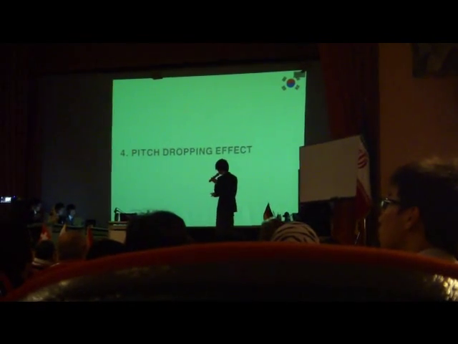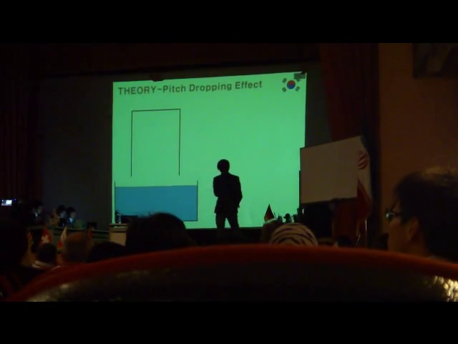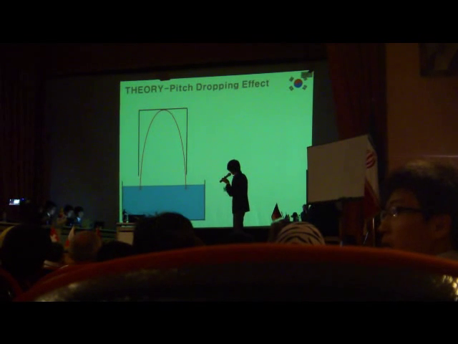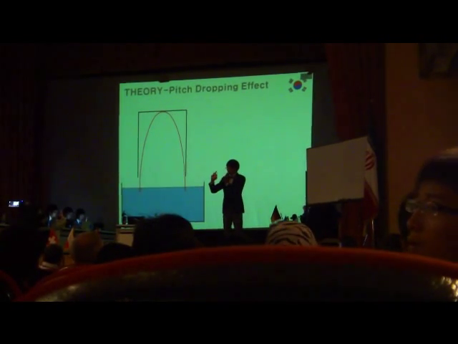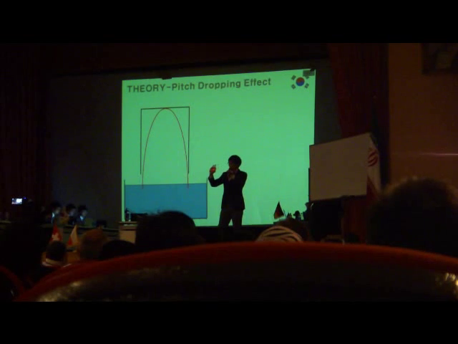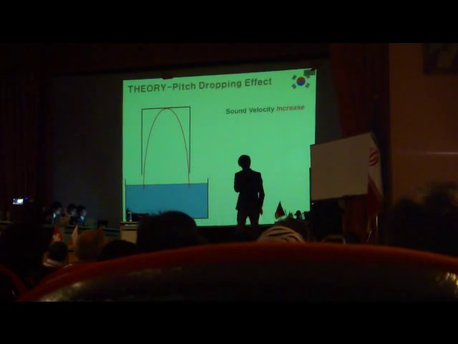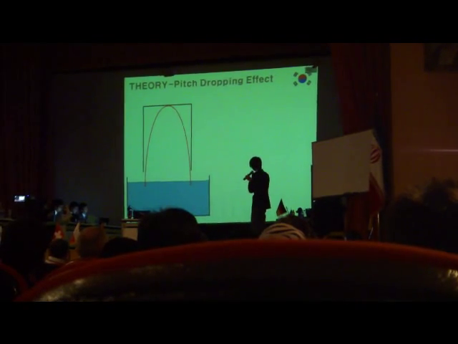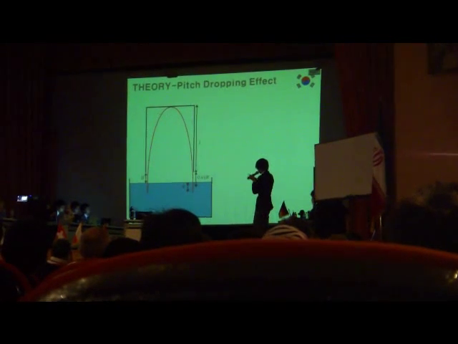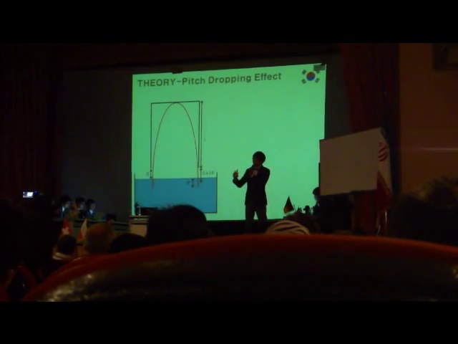Now, fourthly, let's examine the pitch dropping effect. If we take a look at the theory, when the standing wave length simultaneously overlaps with the region in which the water lies in, there's a sound velocity increase. And because of this increase in the velocity of the sound, we make a correction for that extra wavelength that needs to be added.